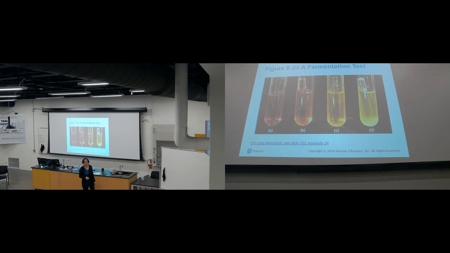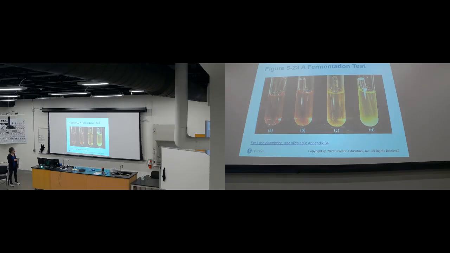If the bacteria ferments this carbohydrate, mannitol, the byproduct is going to be an acid that is going to change the media into yellow color. Some bacteria will be mannitol fermenters, other ones don't. So in this case, this is a negative test.